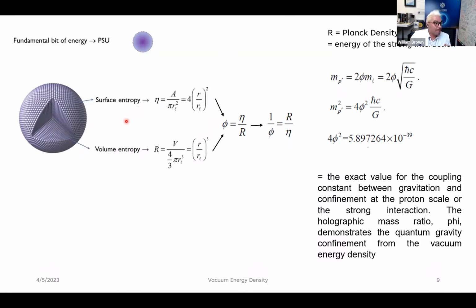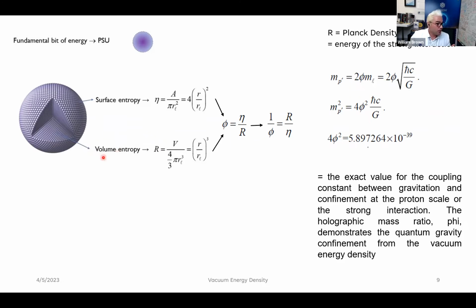Now, so your Planck density, so that's the 0-point energy density, the vacuum density, is what's producing the energy of the strong interaction. Now, in Nassim's work in quantum gravity and holographic mass, you get the exact value for the coupling constant between gravitation and confinement at the proton scale. That is the strong interaction, but it's described in terms of a gravitational force, a strong gravity.